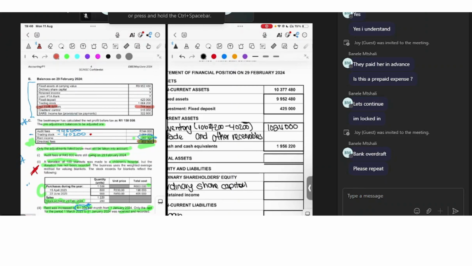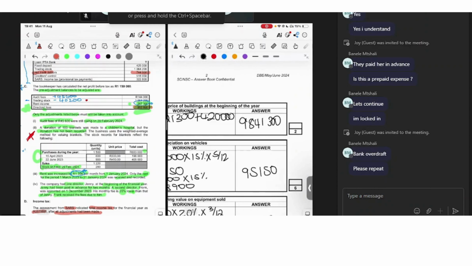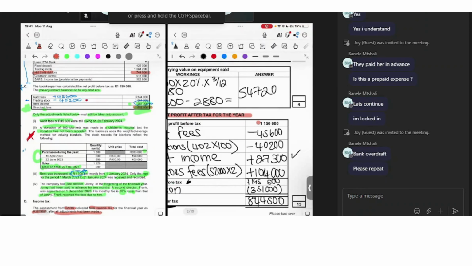Then what else did they tell us? If we remember from our adjustments, we did have a prepaid expense, the director's fees, and we also did have an accrued income from our rent. Remember, we hadn't received rent yet, so that makes it an asset. We didn't receive rent for February. So that rent from February was 27,300, and that prepaid expense was 104,000. Those will be part of our trade and other receivables.